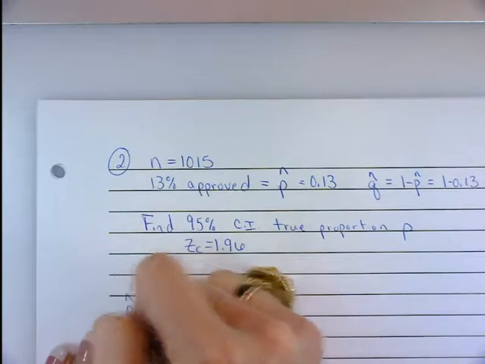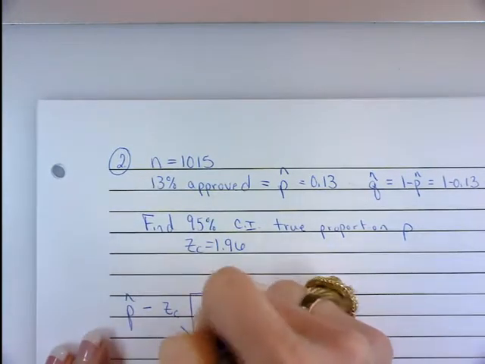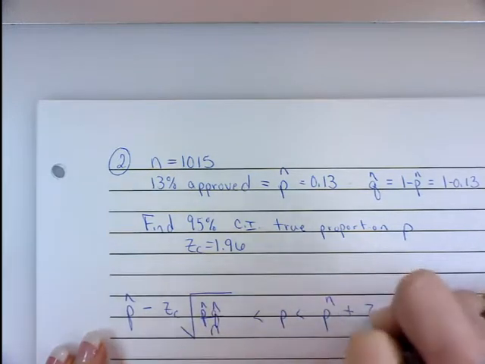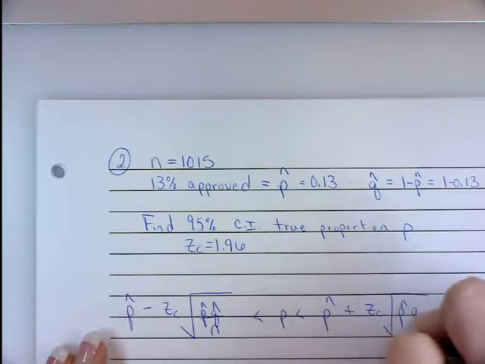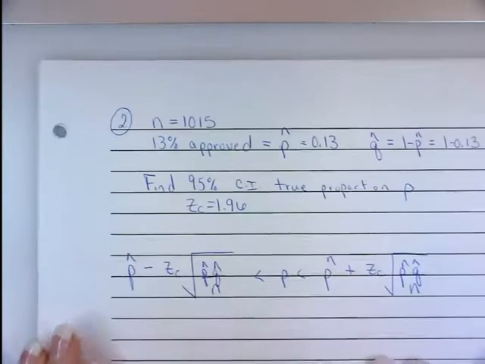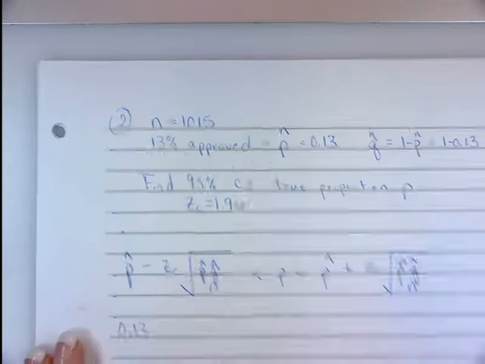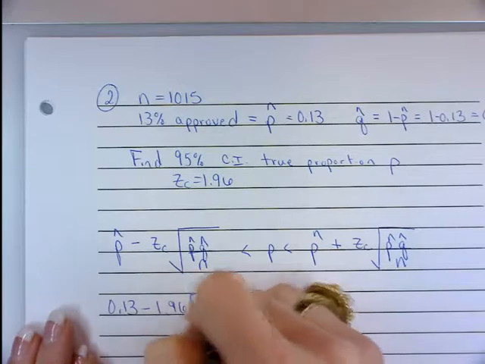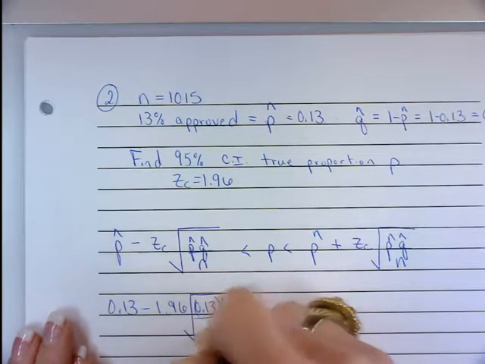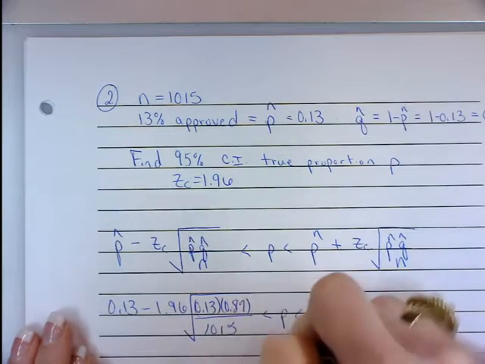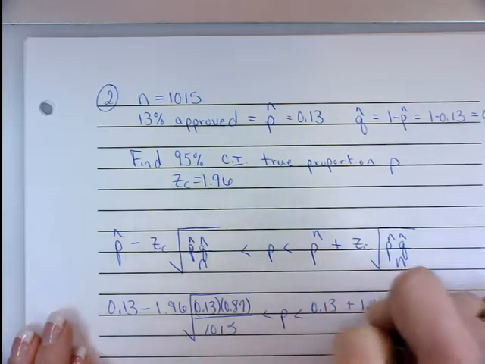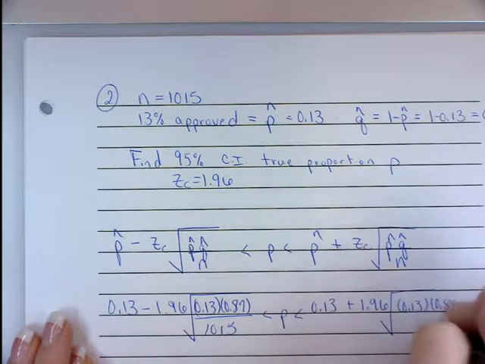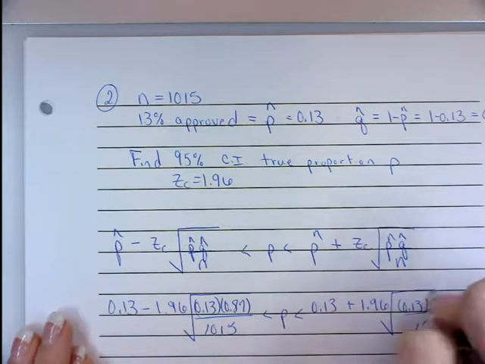Here we go: p-hat minus Z sub C times the square root of p-hat times q-hat divided by n, less than p, less than p-hat plus Z sub C times the square root of p-hat times q-hat divided by n. And it looks like this: 0.13 minus 1.96 square root of 0.13 times 0.87 divided by 1,015, less than p, less than 0.13 plus 1.96 square root of 0.13 times 0.87 divided by 1,015.